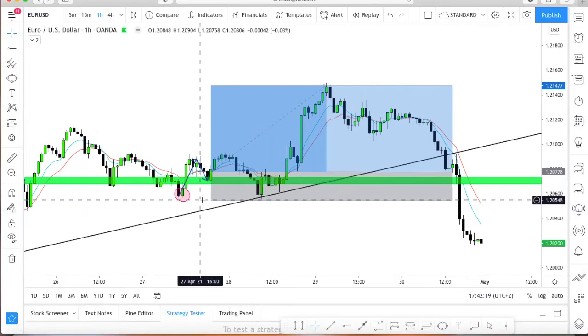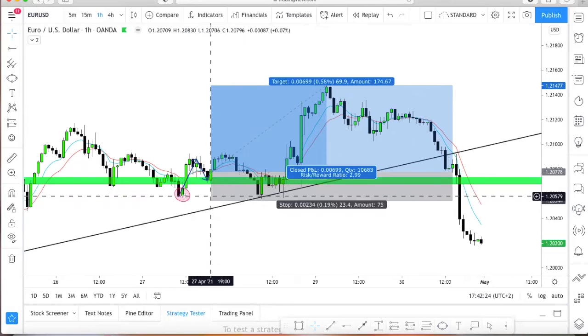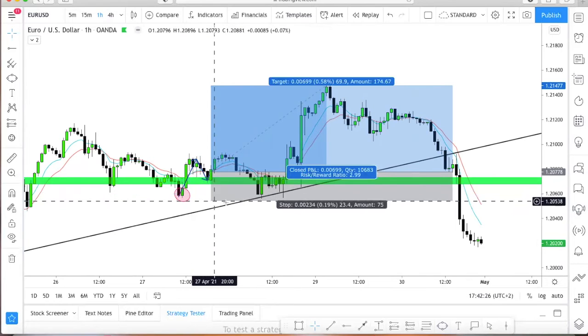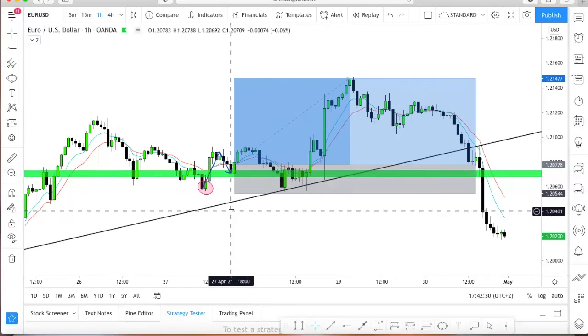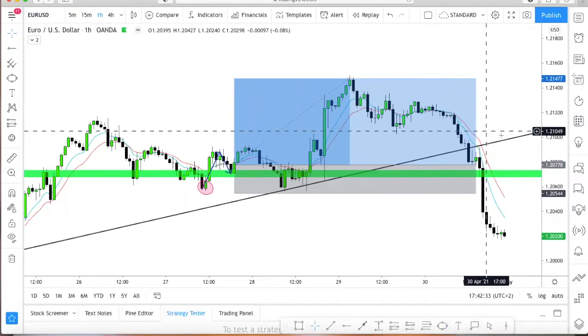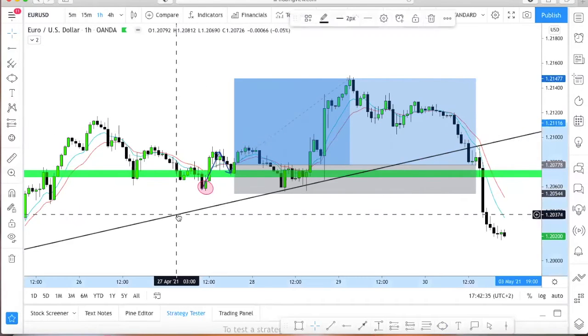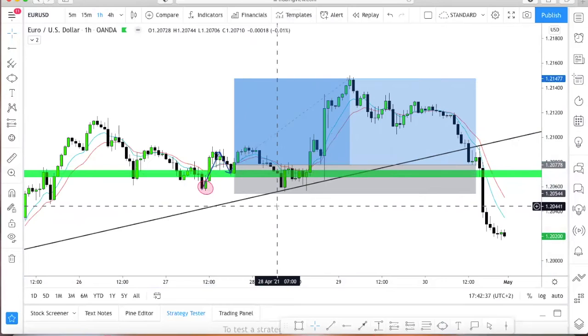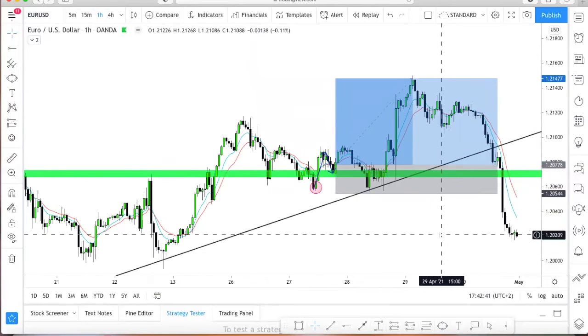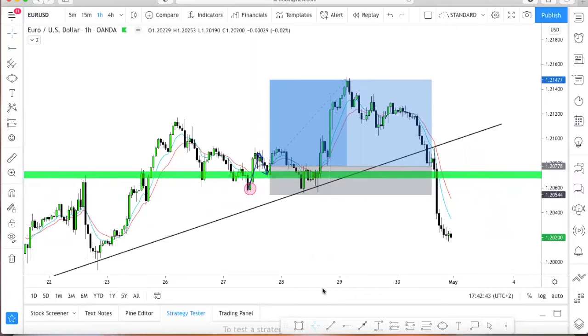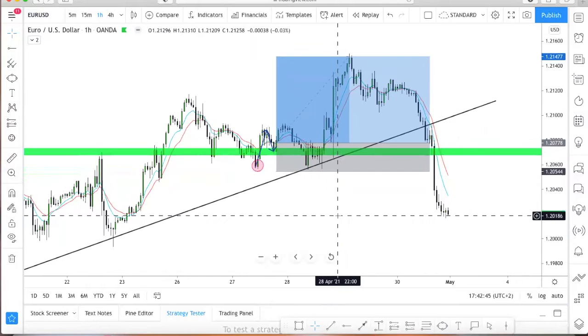But as you can see, the reason I put my stop loss where I did is because I wanted to take this previous low into consideration, and I wanted to place my stop loss under the trend to the upside, this line that I drew in over here. And luckily, price went in my direction and I got my 1, 2, 3.